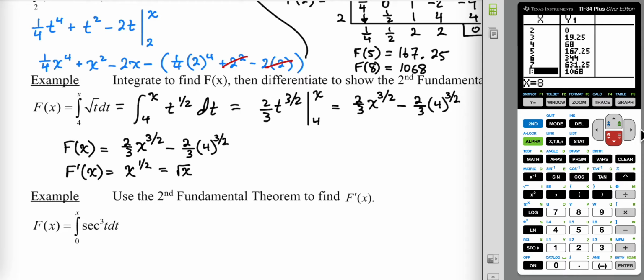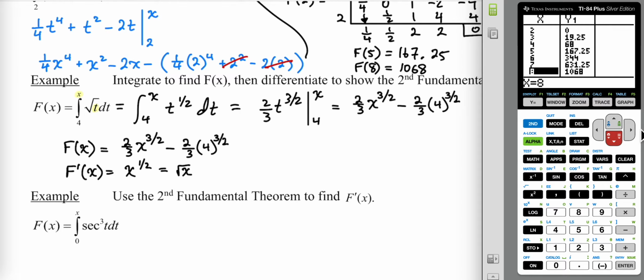The second fundamental theorem essentially is telling us, and if you go back to the previous page, you could see this in the formula, that all you really have to do, if the upper bound is an x, is replace the variable t with an x if you are differentiating the antiderivative. And that's really it.